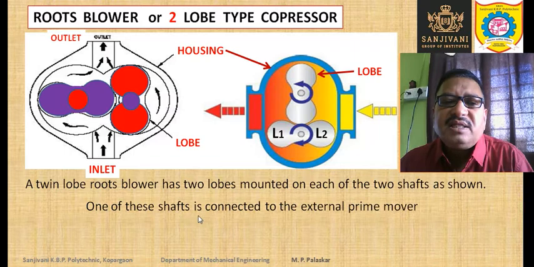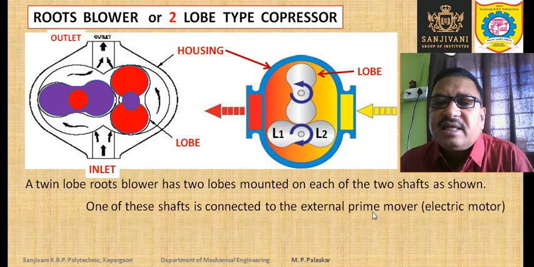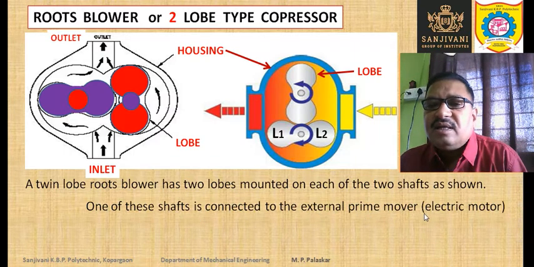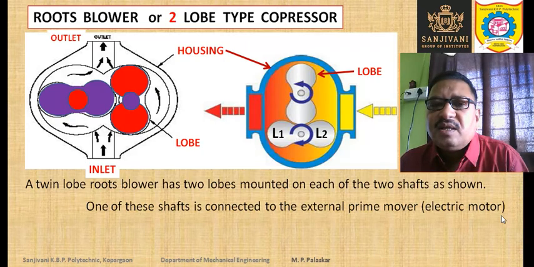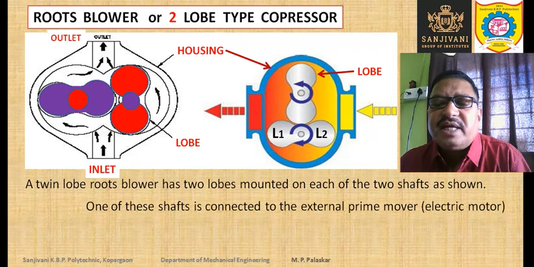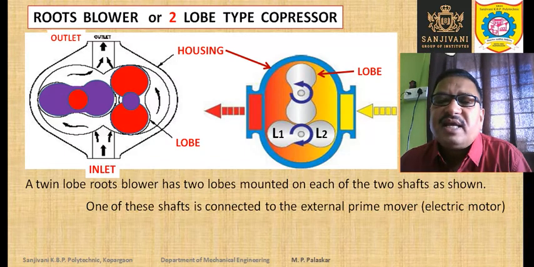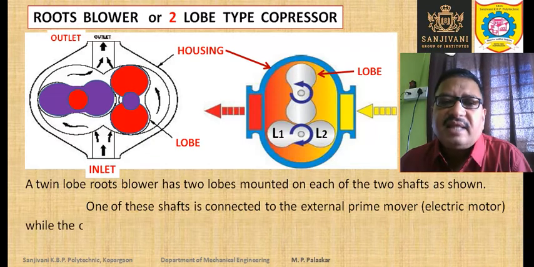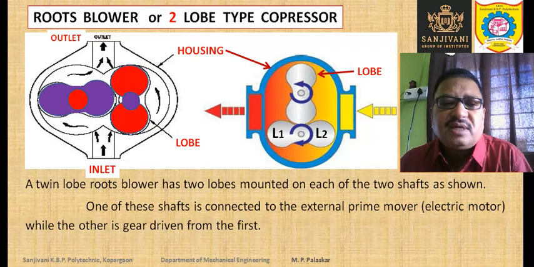One of these shafts is connected to an external prime mover like an electric motor. That shaft is called the driving shaft, and the rotor on which it is mounted is called the driving rotor, and the other is called the driven rotor.